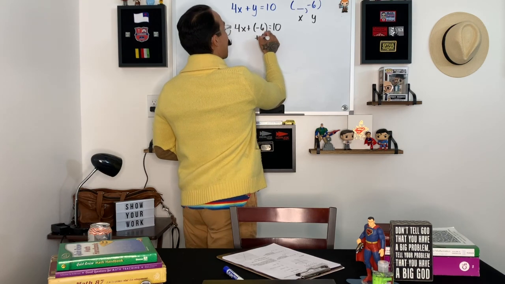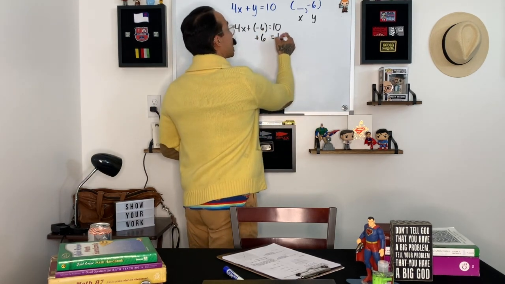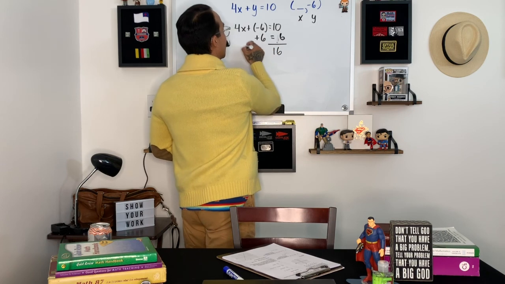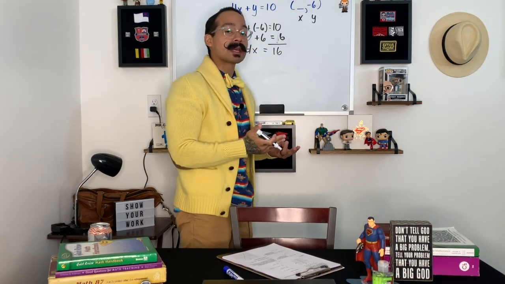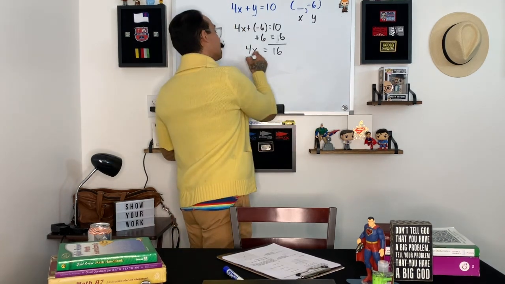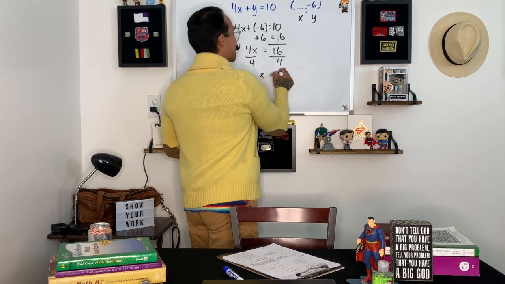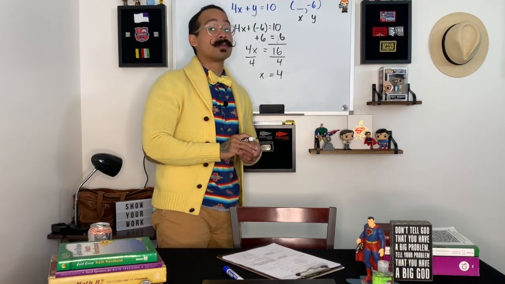So I'm going to go with the opposite of -6, and I'm going to add 6 to both sides, and I'm going to get 16 on this side, and this side will yield 4x. How can I get x by itself here? 4 times x is equal to 16. That's right. Divide by 4 on both sides. The missing part to my solution is 4.